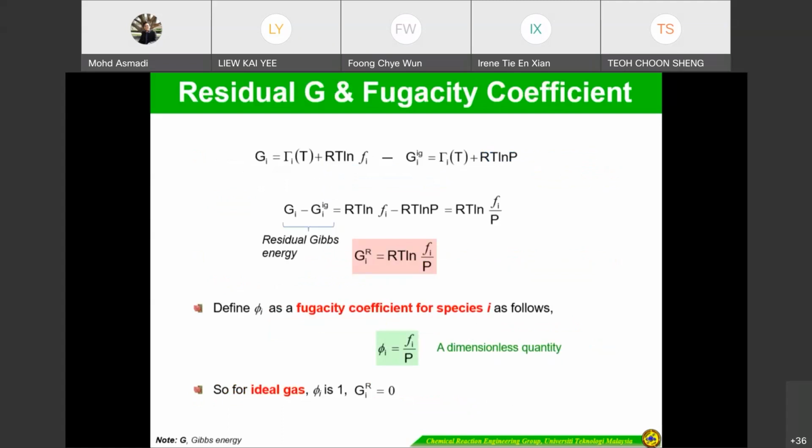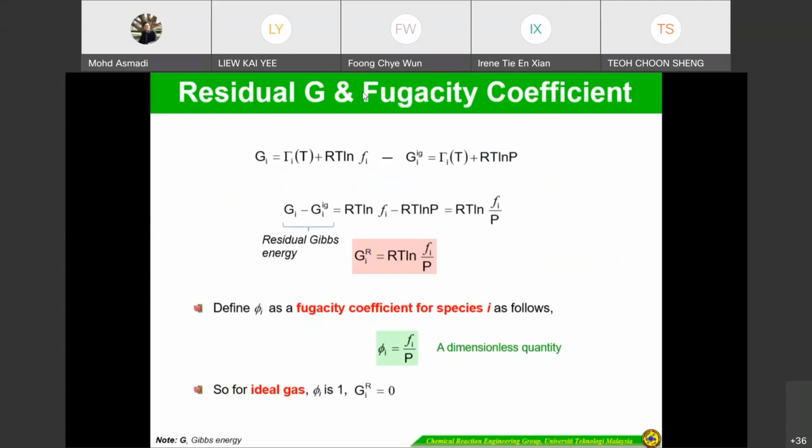Based on the equation for the real Gibbs energy of the species and the Gibbs energy of the species at ideal gas conditions, we just subtract.